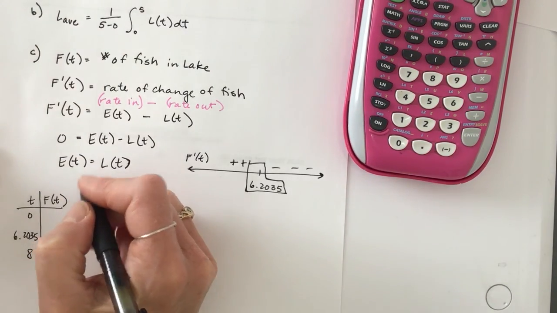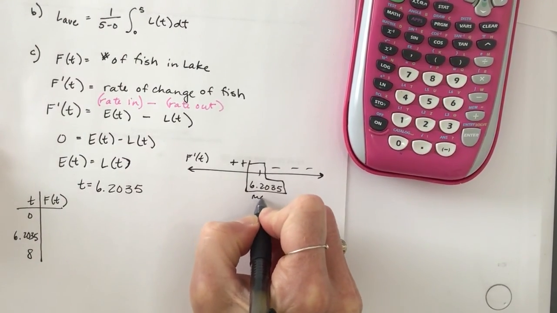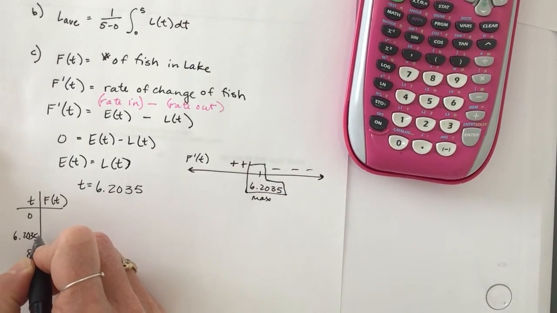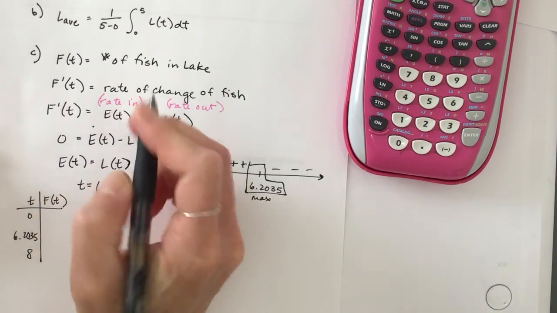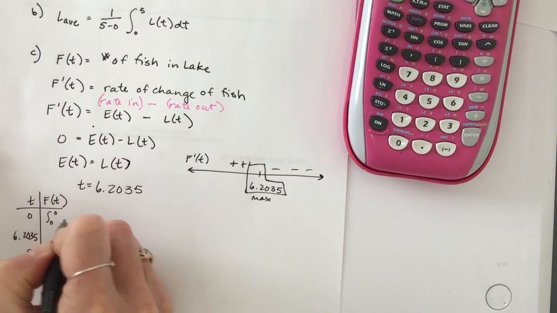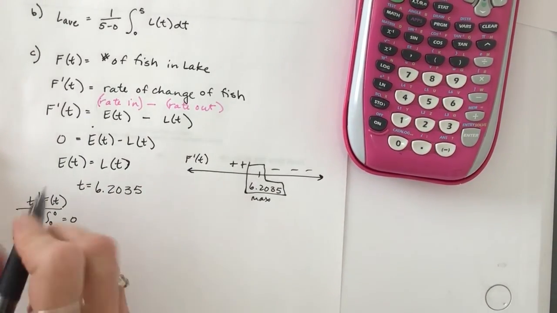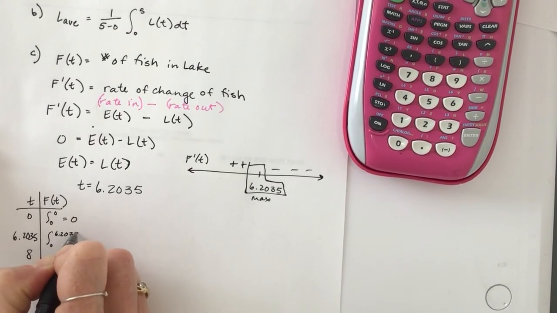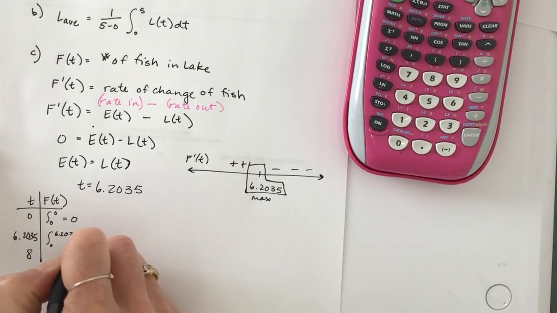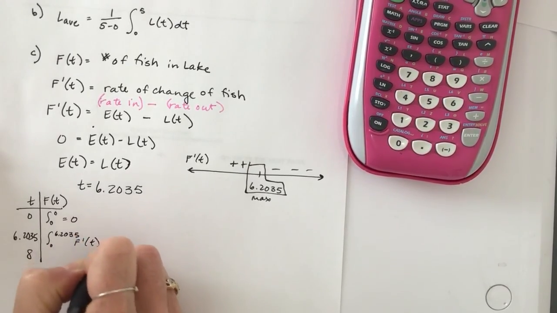Oh, that's a weird one. Well, I'm going to choose this as my absolute max then, because if we anti-derive, we'd go from 0 to 0, which is going to equal 0. We antiderive this from 0 to 6.2035 of f prime of t.